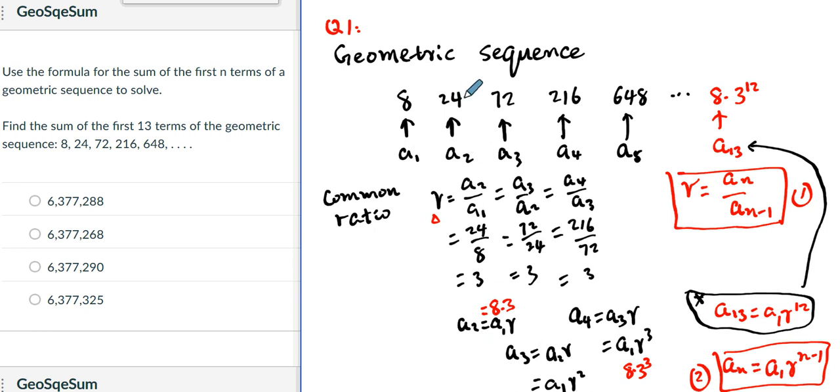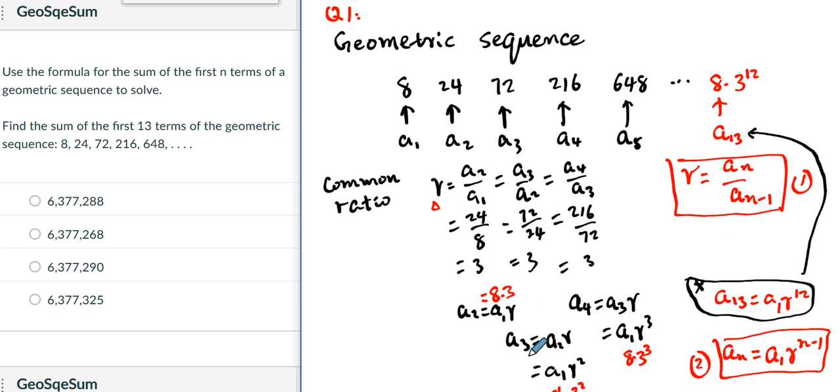And 24 times 3 is 72. So here you have 8 times 3. 8 is the first term, 3 is R. So you can see A2, the second term, equals the first term times R.